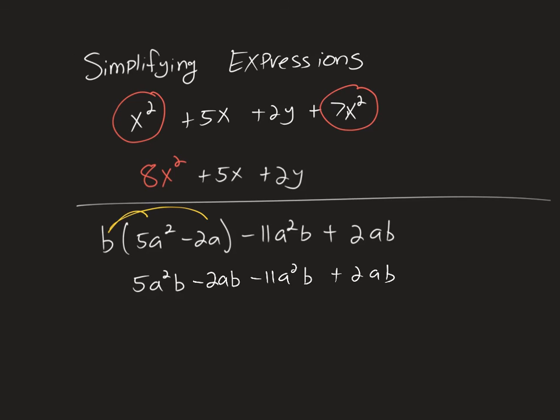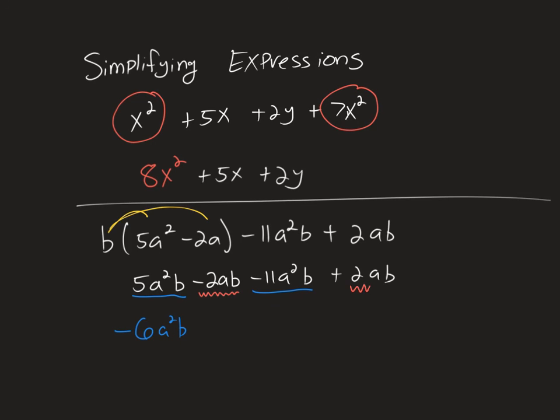We'll take a look. Do I have anything else that has a 5 or an a squared b? Because those are the variables, same exponents. And yes, I do. I have negative 11 of the a squared b's. So 5 and negative 11 is negative 6 a squared b's. Similarly, I can think about the other ones. Do I have any ABs?